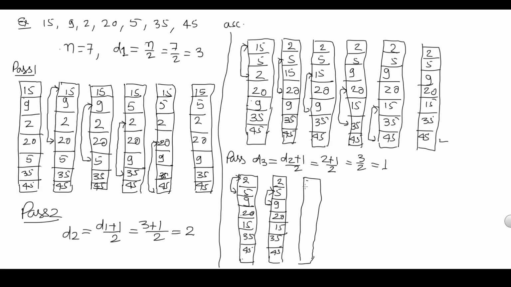Now next we first copy the elements: 2, then 5, then 9, then 20, 15, 35 and 45, and next we will compare 9 with 20. Because 9 is less than 20, again no swapping.